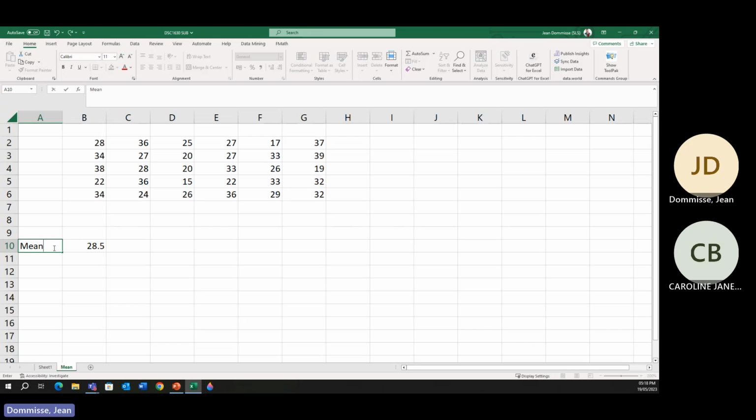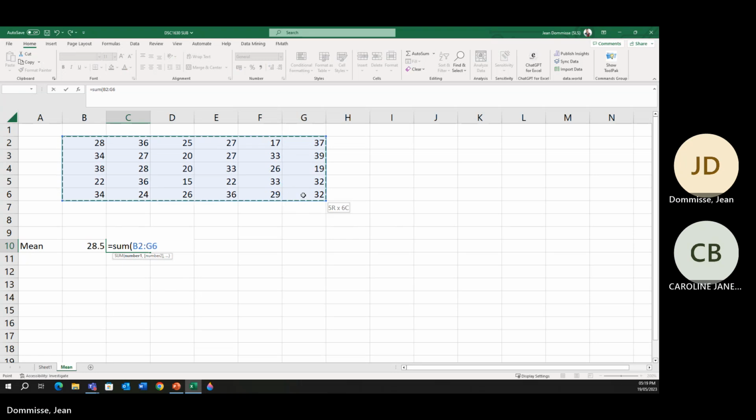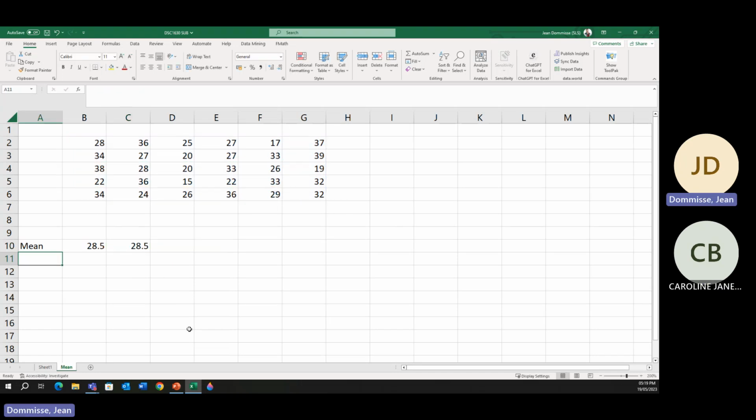What you could have also done is to say, well, they taught us the summation. So if we sum everything and we divide it by how many numbers there are, we're supposed to get the same answer.